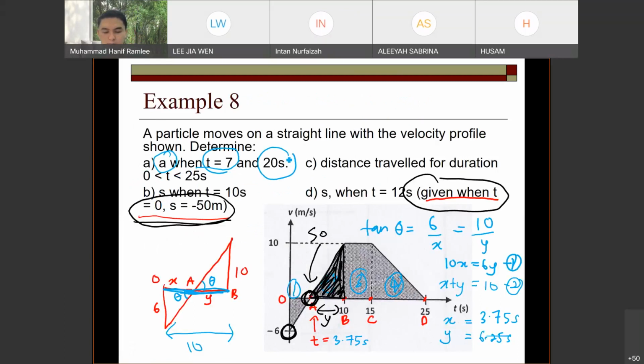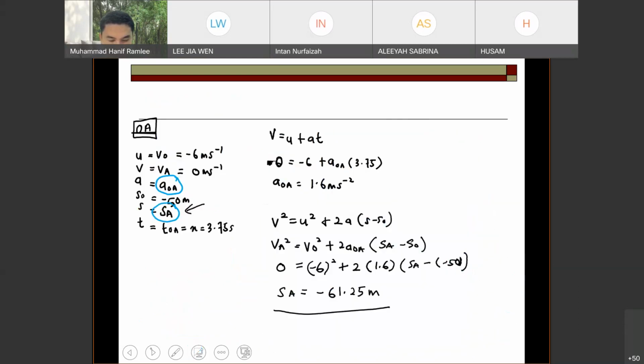So t equal to 7 is the second region, which is AB. T equal to 7 is located at this region, which is AB region. So you can go again the AB region and get the answer of A.